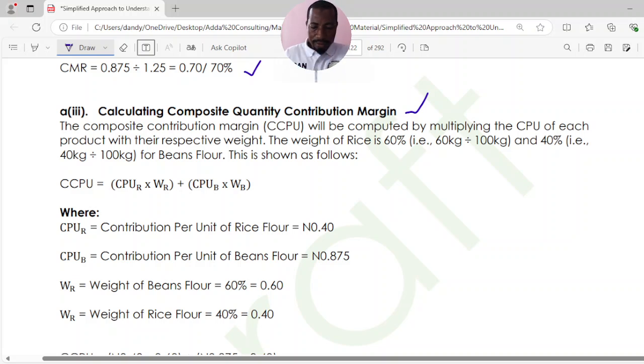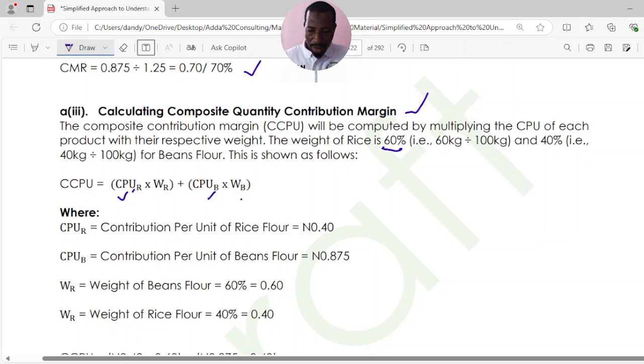To get my composite contribution per unit, I will pick contribution per unit of rice and multiply with the proportion of rice. Proportion of rice is 60%, okay? Plus contribution per unit of beans. Proportion of beans is 40%. So that will give me the composite contribution per unit.